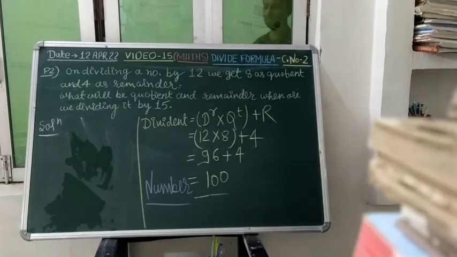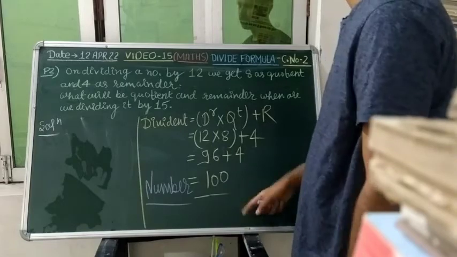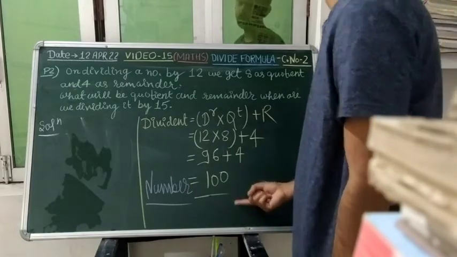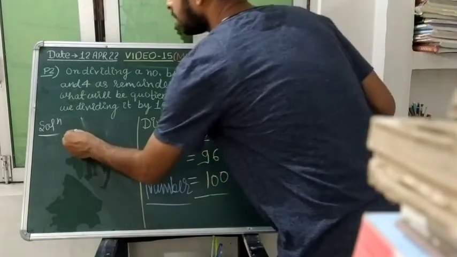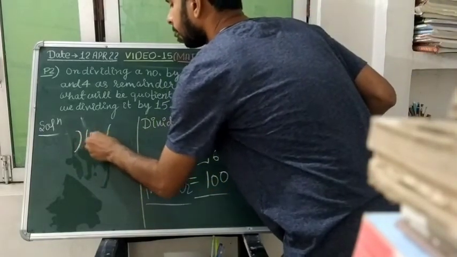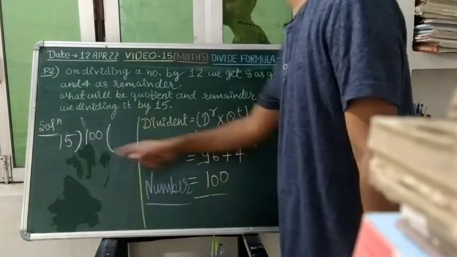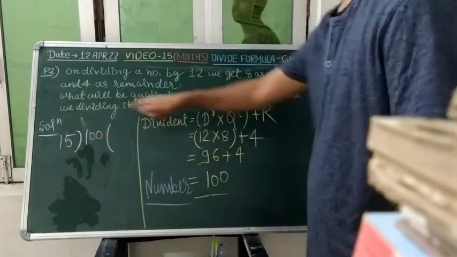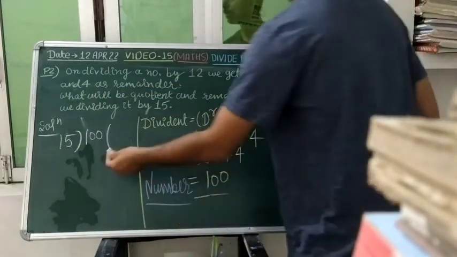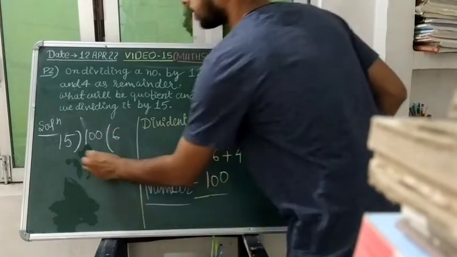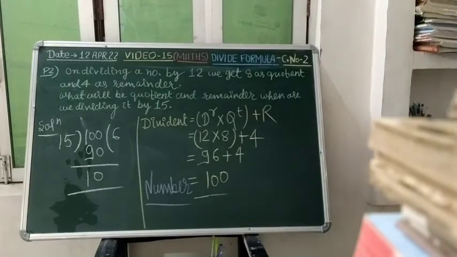So we have completed our first task, that we have come to know what the number is. The number is 100. Now the question is saying that when this number is divided by 15, what will be the quotient and remainder? So you know it will go 6 times, 90 will come, here is your 10.